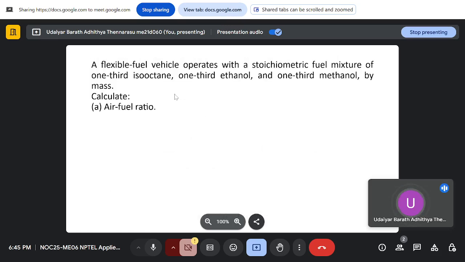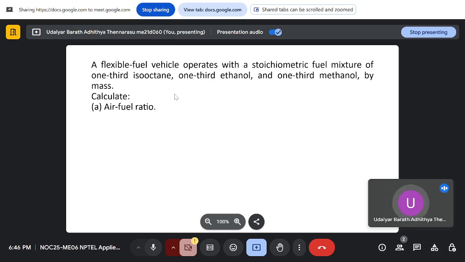And next, we have a flexible fuel vehicle which operates with a stoichiometric fuel mixture of 1/3 isooctane, 1/3 ethanol, and 1/3 methanol by mass. Previously we saw it all in moles. Here they have given it in terms of mass.